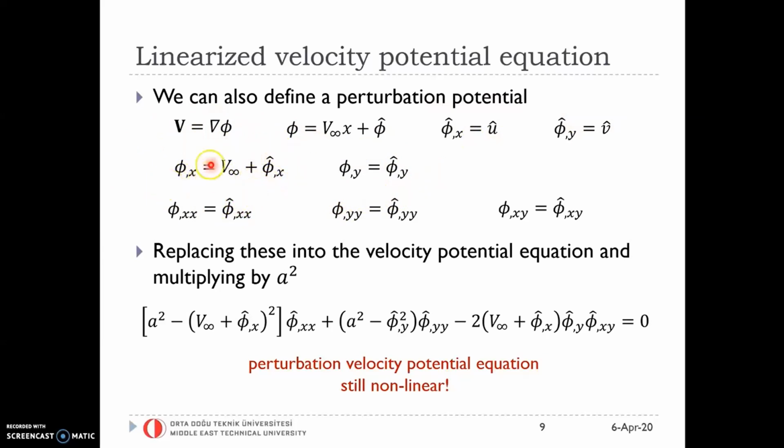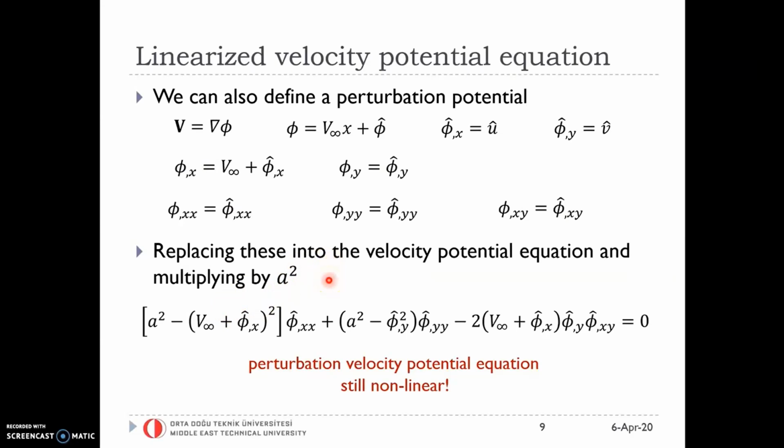If you take the second derivative of the velocity potential, it will be equal to the second derivative of the perturbation potential, and the cross derivatives are similar in the same sense. Now let's use the equation that we derived at the end of the first video, but instead of using the velocity potential only, let's use the perturbation potential.